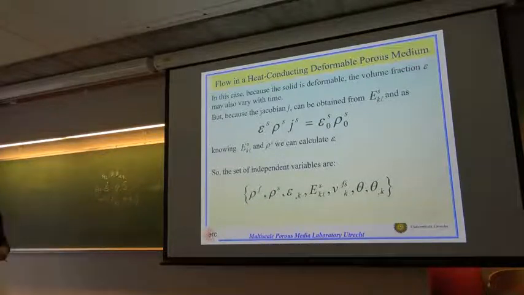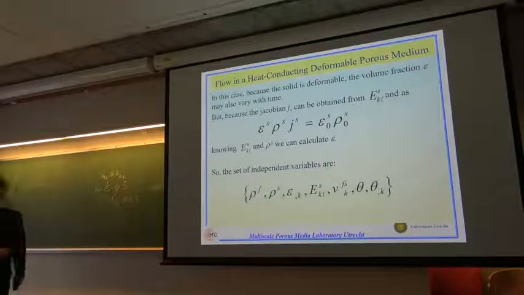Now when you go to porous medium, that's not the case, because in the porous medium, for the solid phase, epsilon times rho times Js is equal to some initial value. And here, even if you know the deformation, that is this Js, still you cannot say you know rho. You know epsilon times rho.